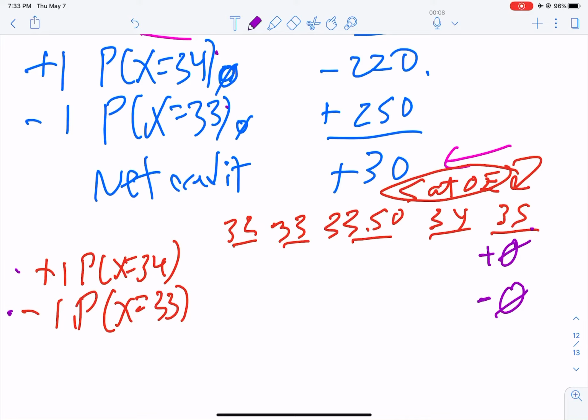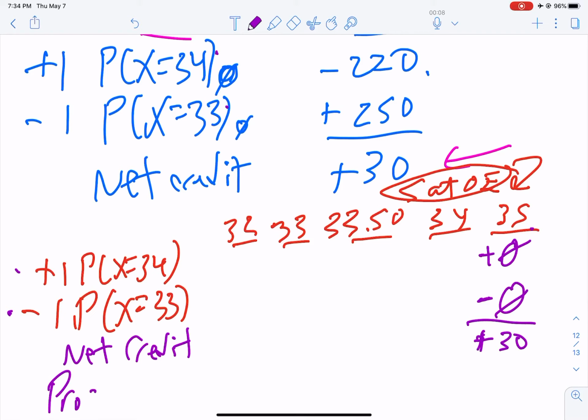I'm well aware that 0 doesn't have a sign; this is just meant to make things easy to understand. But then I have to remember my net credit. I received $30 when I initiated this position, so my profit if the stock price is 35 is going to be 30.